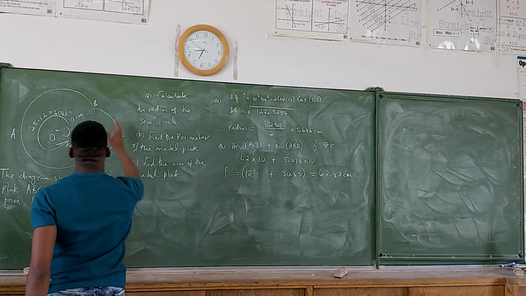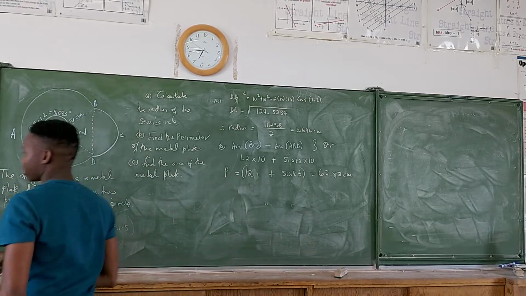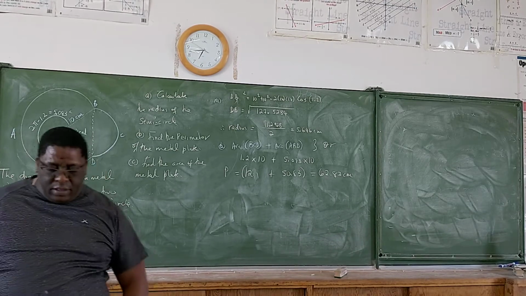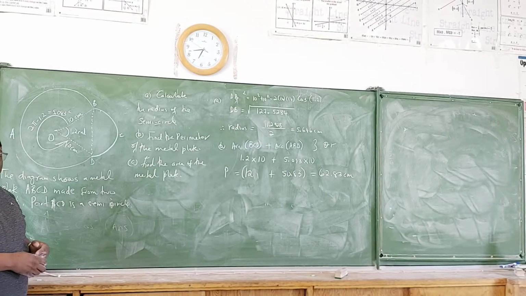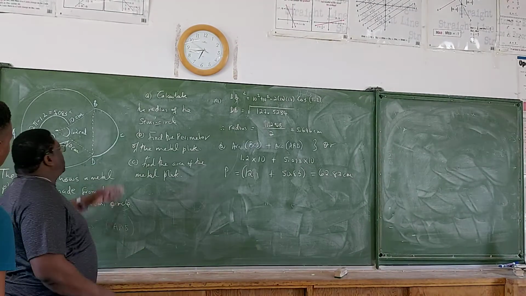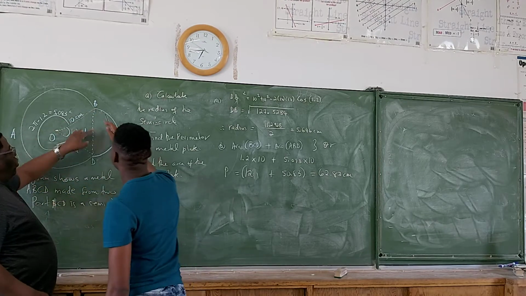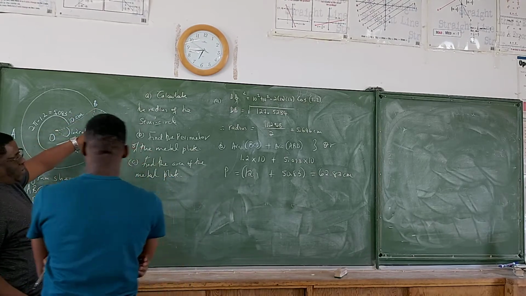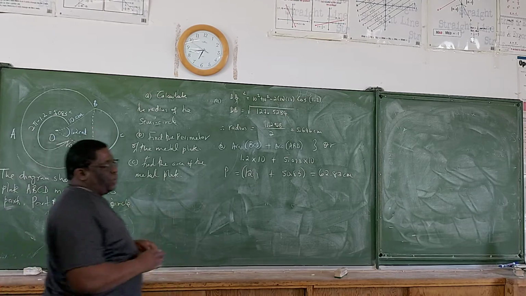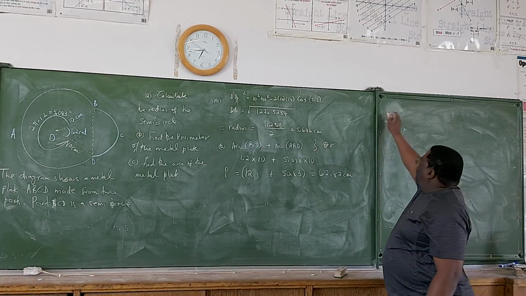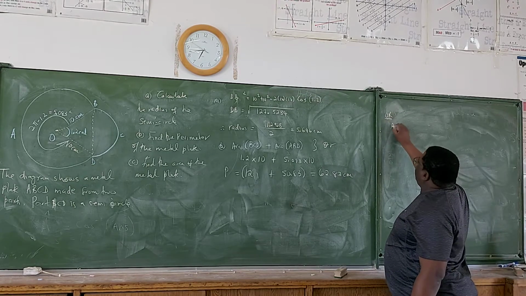That arc is being created by this as well, right? We are saying this arc length is 12, right? So we should naturally get the same. 2 pi r is the formula for circumference.